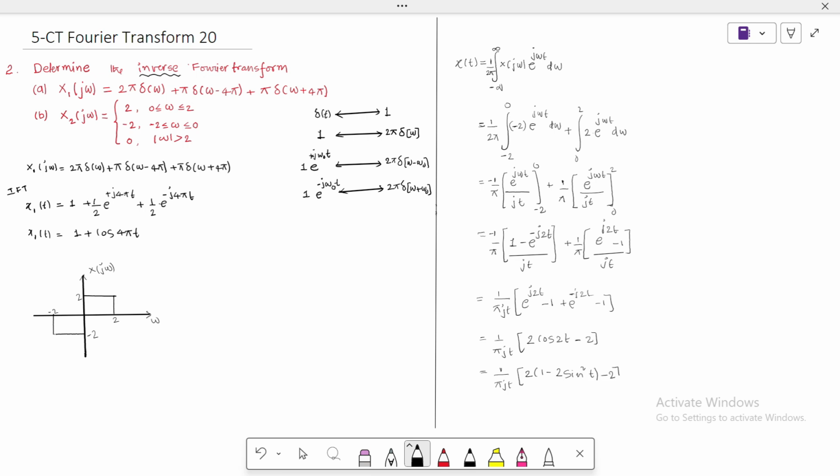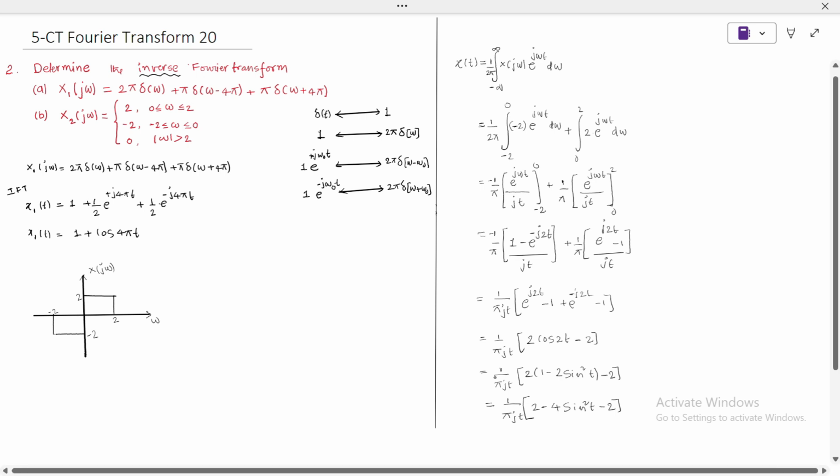So minus 2. So this minus 2 and this 2 get cancelled. Then here 1 by pi j t equal to 2 minus 4 sin square t minus 2. So it gets cancelled.